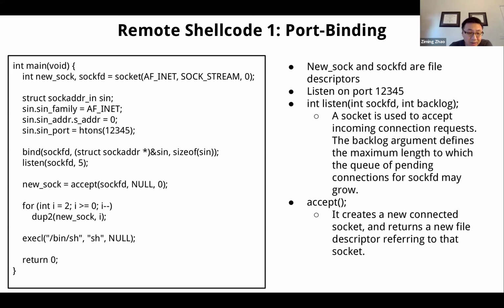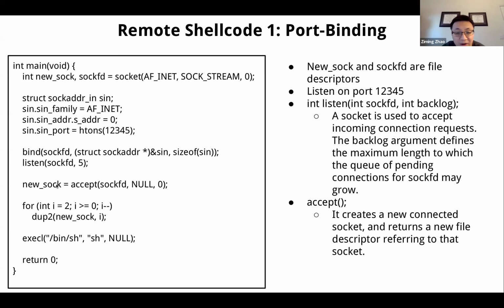So that is how we can make this remote. To do that, we only need to change the first three file descriptors of this program to the socket we just created.